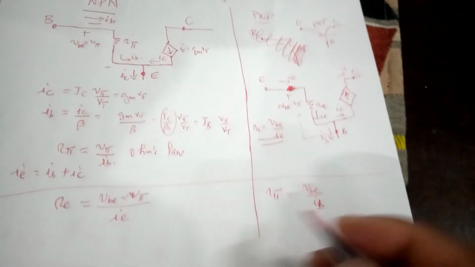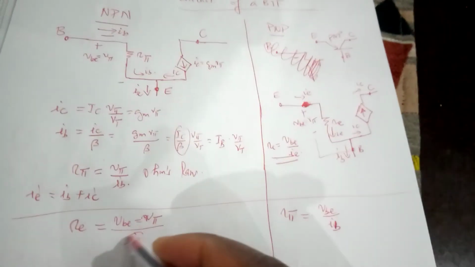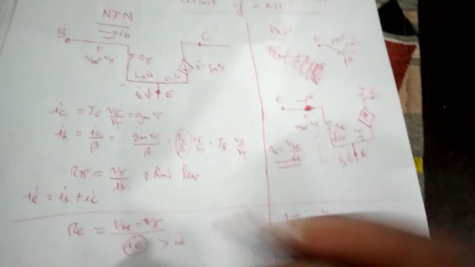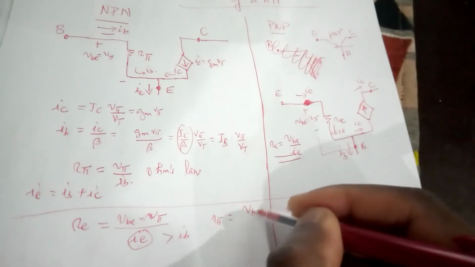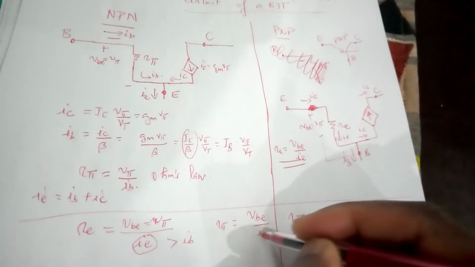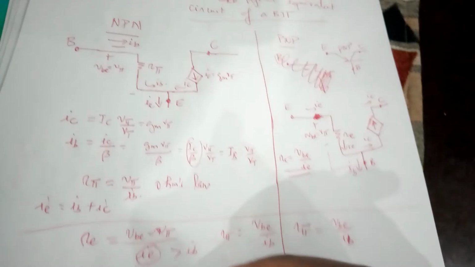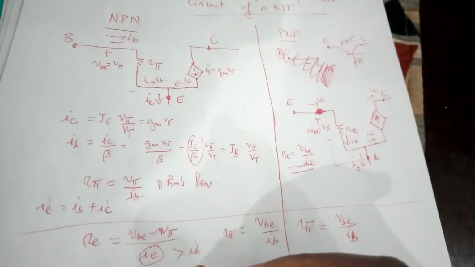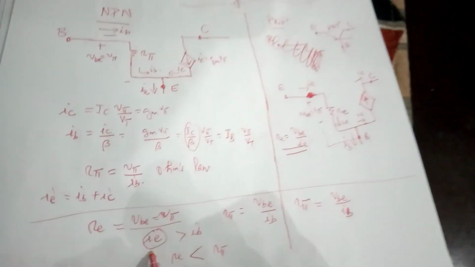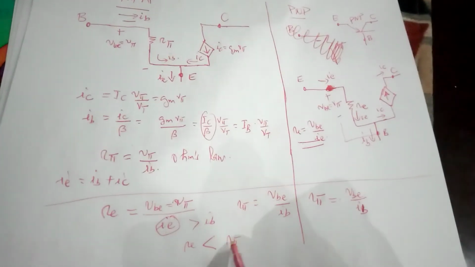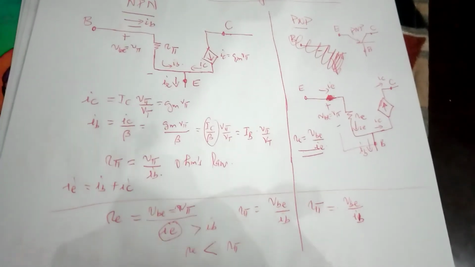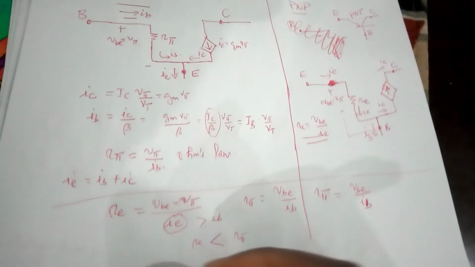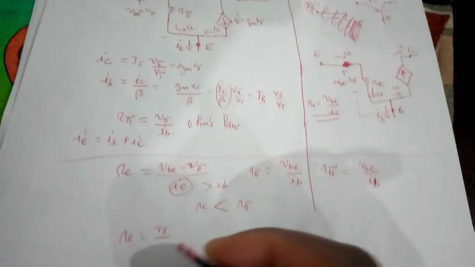So how does R pi relate to Re? The fact that IE is higher than IB, and they are both caused by the same voltage, V pi or VBE, will mean automatically that Re will be smaller than R pi. Remember, the higher the denominator, the smaller the overall fraction. But how are they related? Re is V pi over IE.